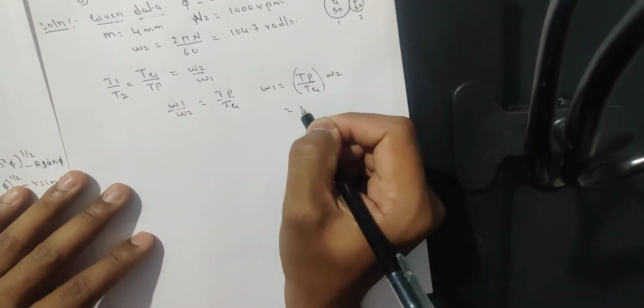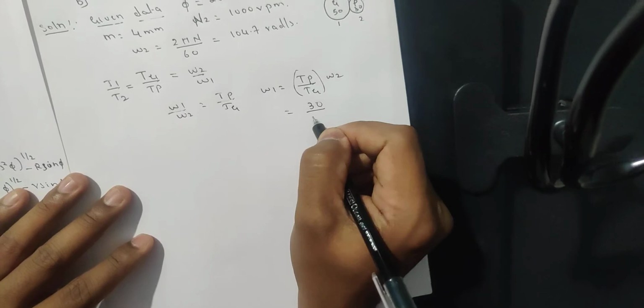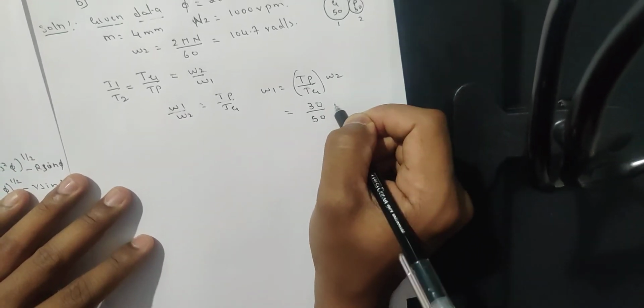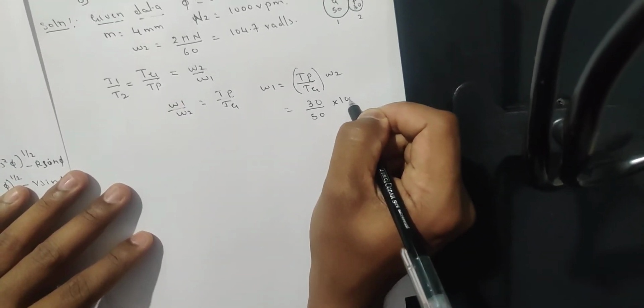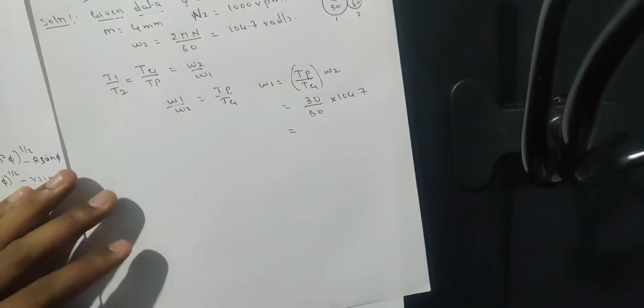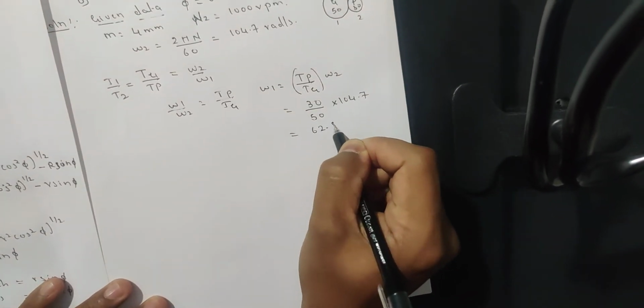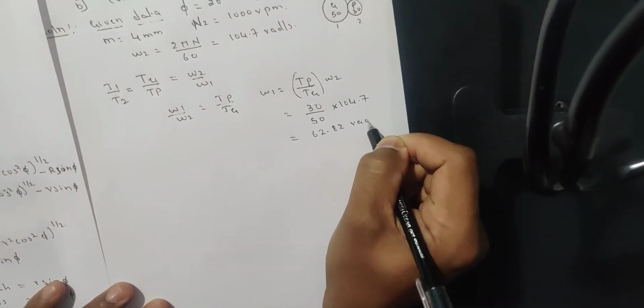So which is what here? Tp is 30, the teeth on pinion, Tg is 50, omega 2 which we have got is 104.7 radians per second. If you solve that, we will be getting omega 1 as 62.82 radians per second.